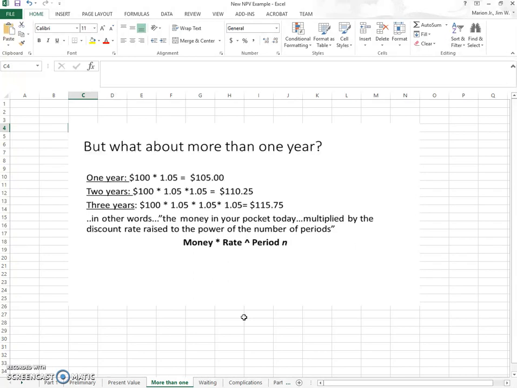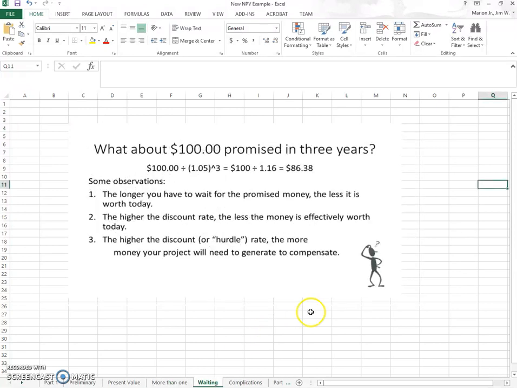So when you're putting money in the bank and you've got more than 1 year or more than one period, it's money times the rate raised to the period. In this case, we've seen raised to the first power, the second power, and the third power. Okay, so that's how you calculate money in the future that you've invested today. Now what about the reverse? Let's take the reverse example again.